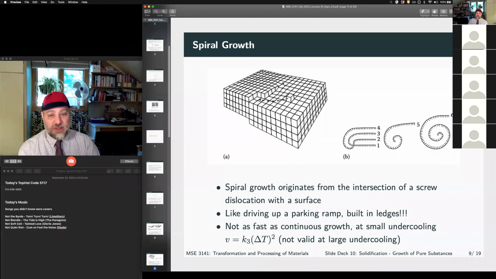So when you do your structure class, you'll talk about core energies of dislocations. I don't want to get into that here, but it's a really interesting topic. But you can see how the spiral growth of a crystal can occur.